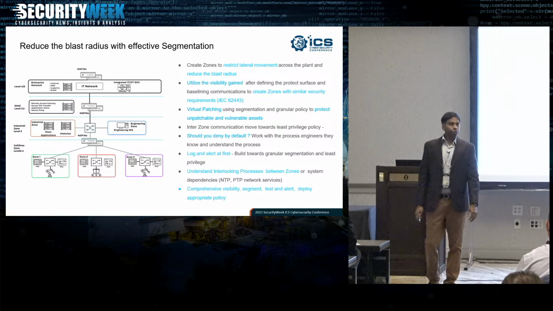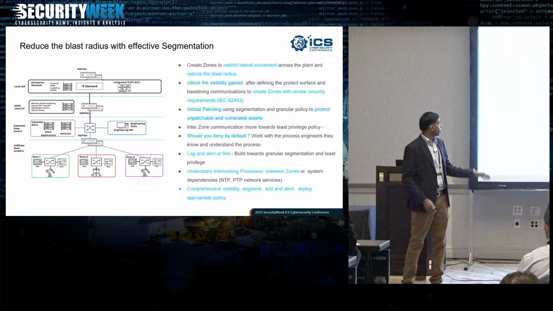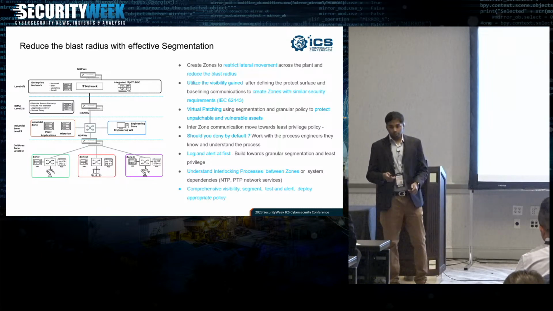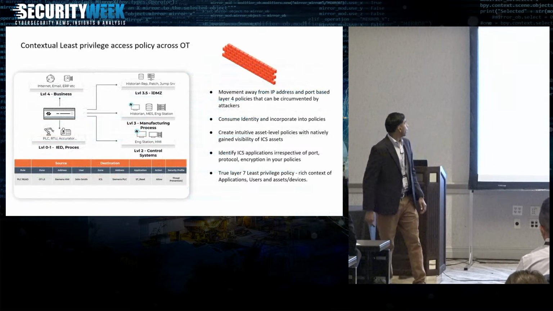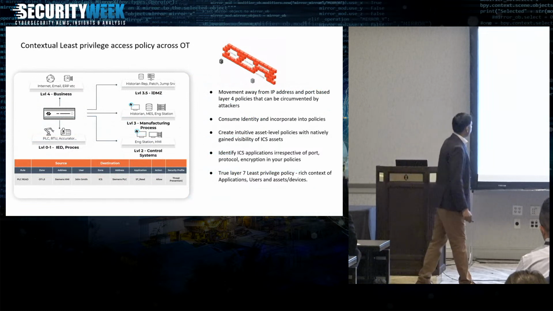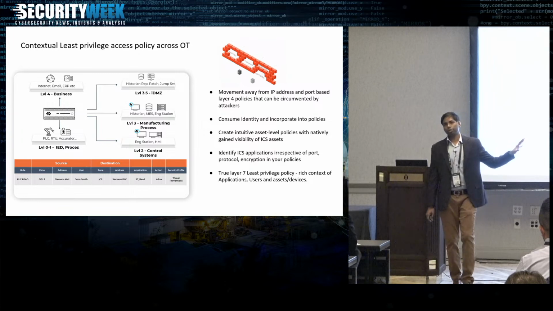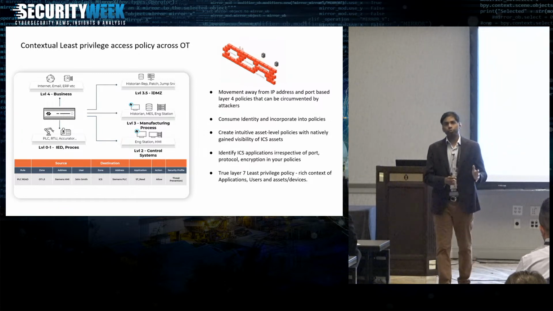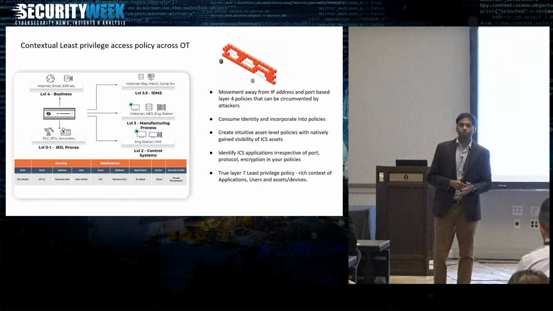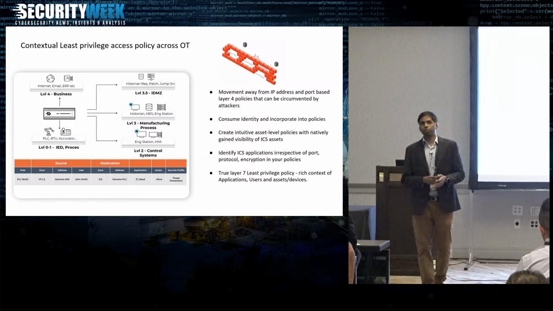Right? So you need to have true effective segmentation policies according to the IEC 62443 standards. And this is where I want to spend a couple more minutes. You need to have more of a contextual segmentation. Oftentimes when we talk to vendors, they say that when we talk about segmentation, we want to create policies based on IP address rules, right?